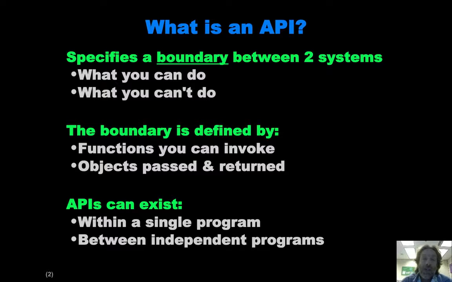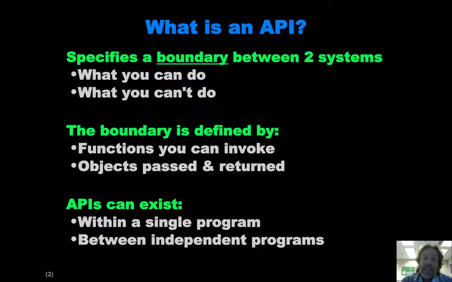And by boundary, what I mean is it's going to tell you what you have access to, what's allowed, what you can manipulate, and what you can't have access to or do or manipulate. And that's an essential part of abstraction, and that's also a way that we create simpler programs, because by defining boundaries and specifying things that you can't do or manipulate or know about, it requires you to understand less about that particular area of the program.